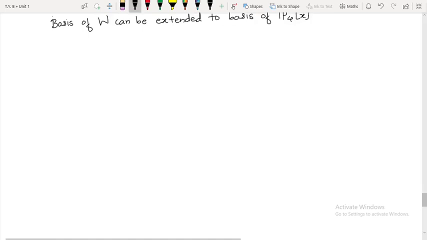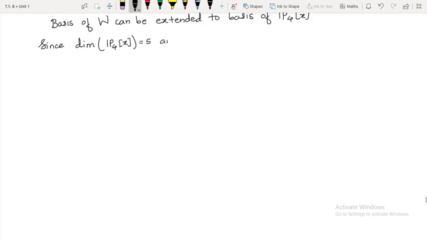Since the dimension of P4 of x is 5 and the dimension of W is equal to 1, therefore we add 4 vectors in S, since 5 minus 1 is equal to 4.